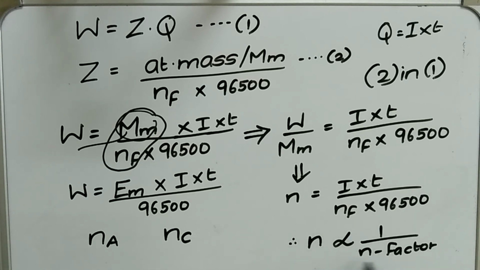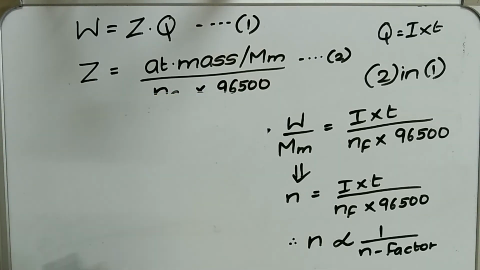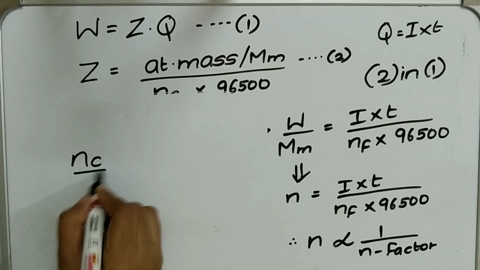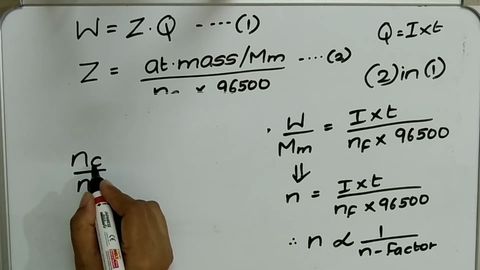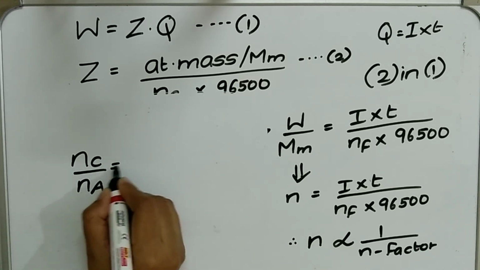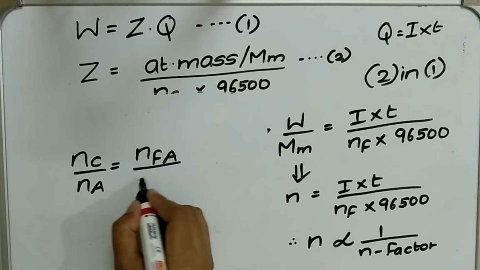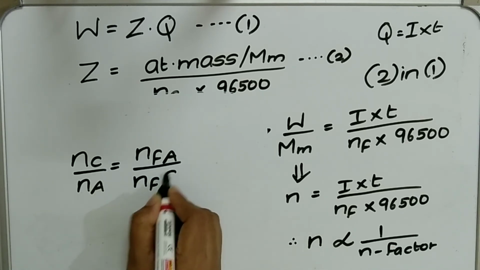So using this equation, I can also write it as Nc by Na, number of moles at cathode upon number of moles at anode, is equal to n factor at anode upon n factor at cathode.